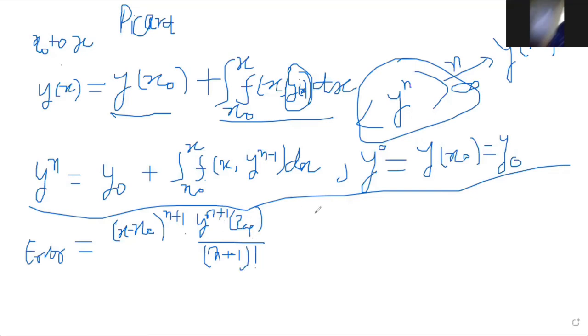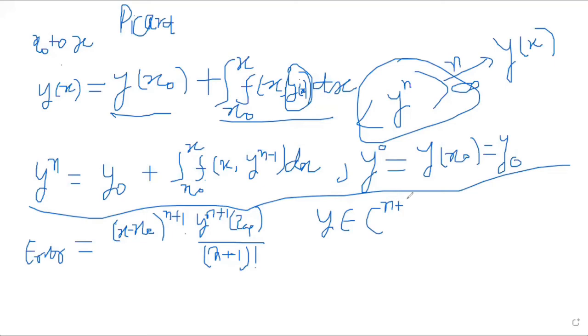This thing is clear. And let us assume, as I told you, that y is sufficiently smooth. So let's assume that y belongs to C^(n+1) on I, meaning the nth derivative and (n plus 1)th derivative exist and are continuous, which means it is bounded.